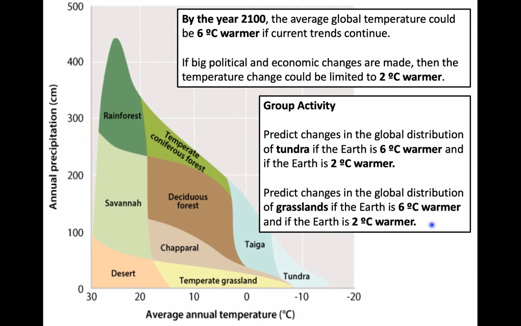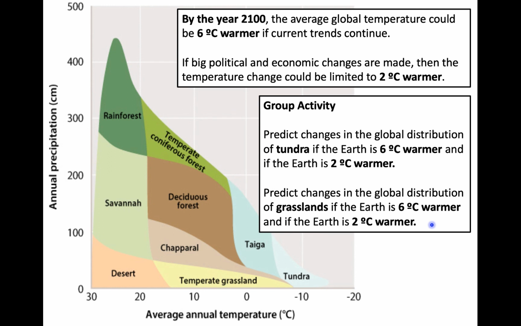So let's think about how this affects our lives, or how it will affect our lives soon. By the year 2100, there are many different scenarios of how global warming will progress. If current trends continue, the world could be as much as 6 degrees Celsius warmer by the year 2100.